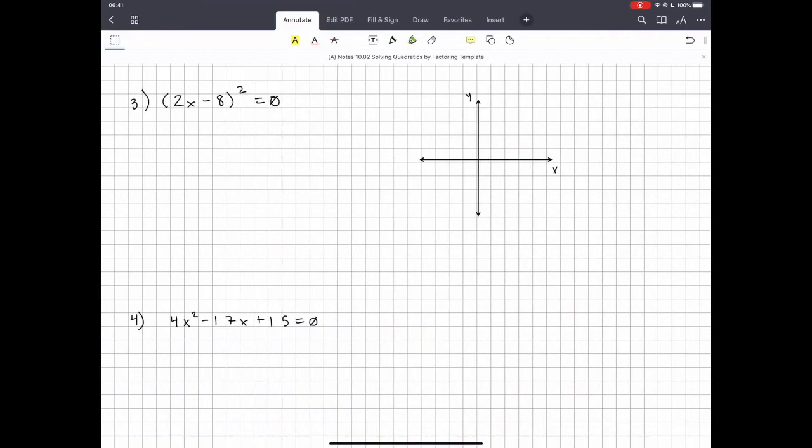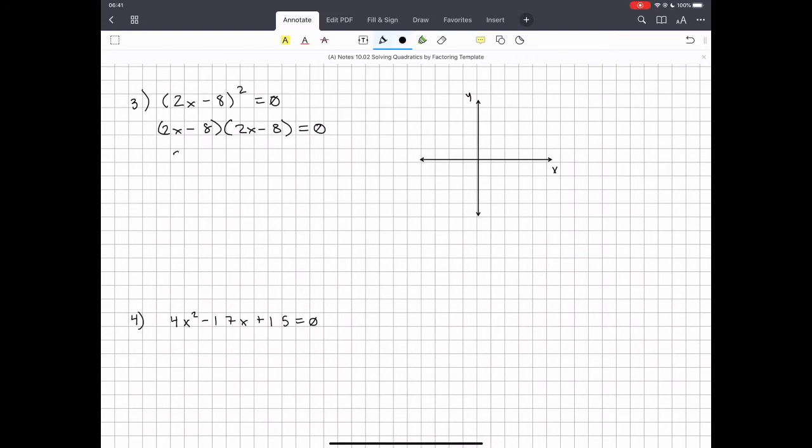In our third example, we have the quantity of 2x minus 8 to the second power equals 0. I'm just going to expand this one out so we can see what it is a little better. We know that it would be 2x minus 8 multiplied by itself.